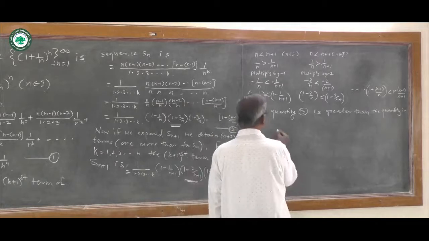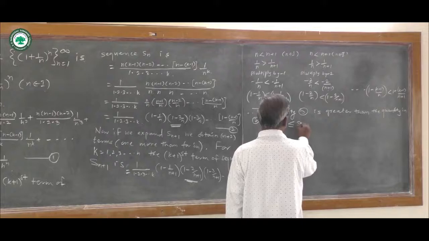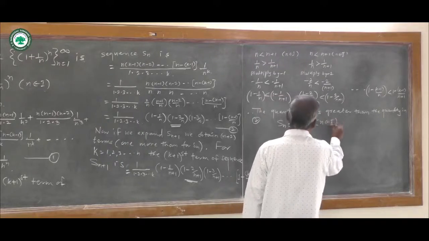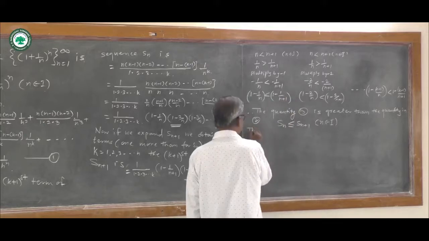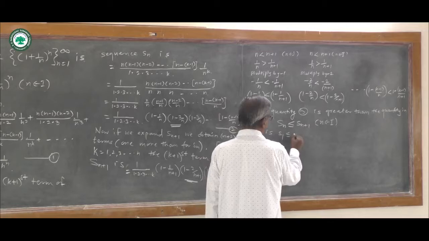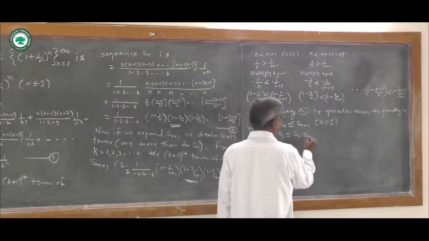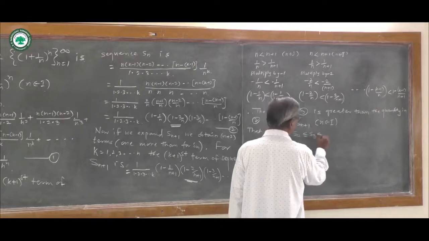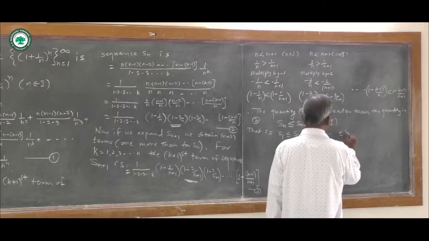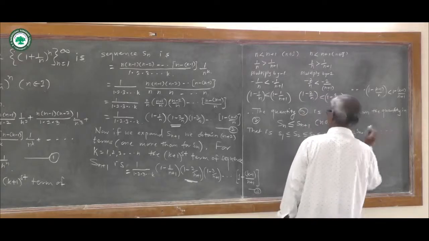Therefore, Sn is less than or equal to Sn plus 1 for all n belongs to I. That is, S1 is less than or equal to S2 for n equal to 1. For n equal to 2, S2 is less than or equal to S3, and so on, less than or equal to Sn, less than or equal to Sn plus 1, and so on.